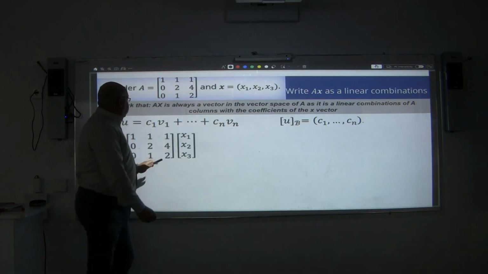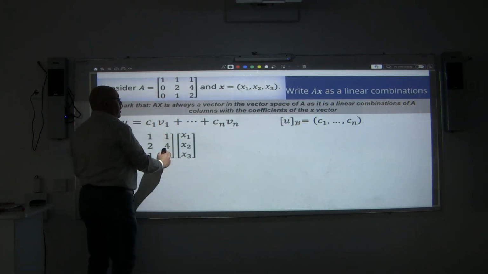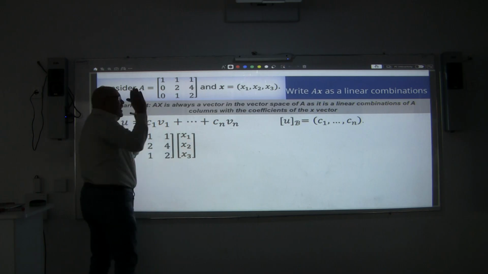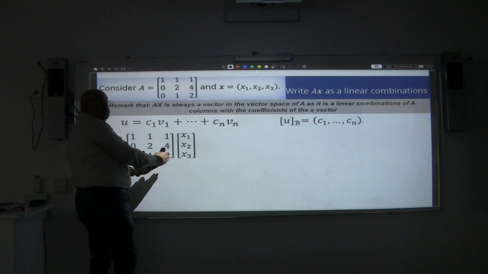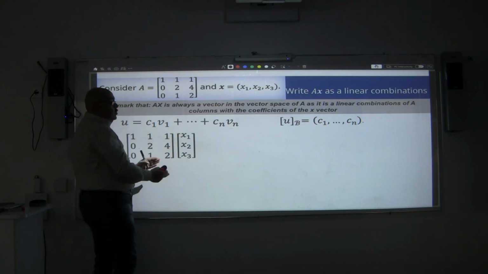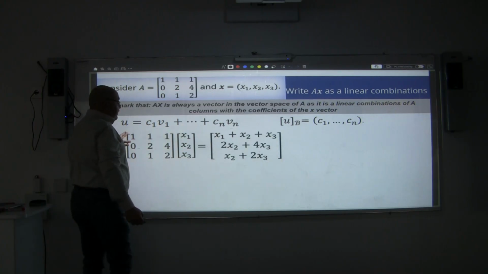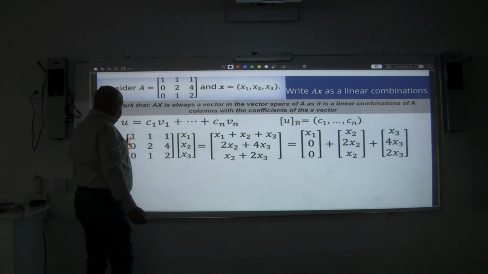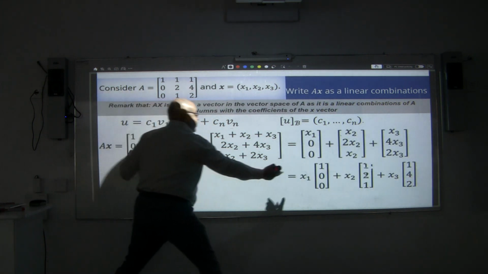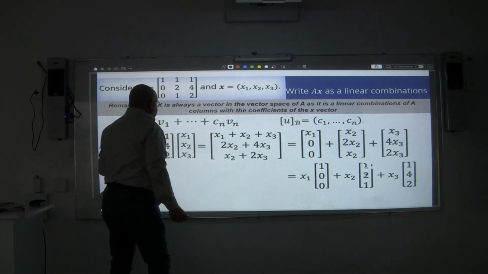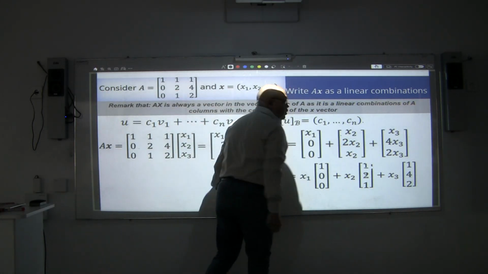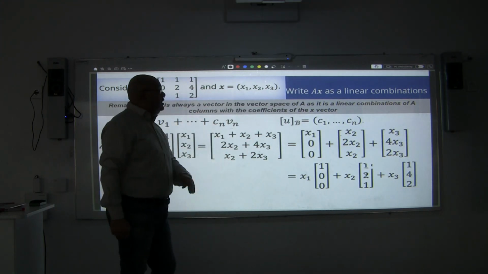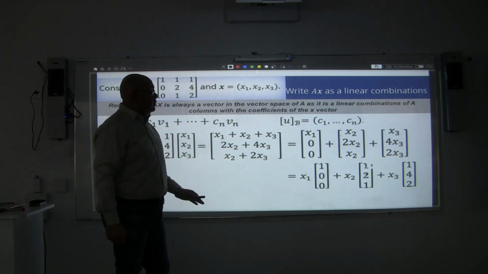So once you multiply this matrix by x1, x2, x3, it's exactly like multiplying each vector by its coordinate. So it's going to be the first vector times x1, plus the second vector times x2, and so for the third vector. That's the detail of the multiplication process.